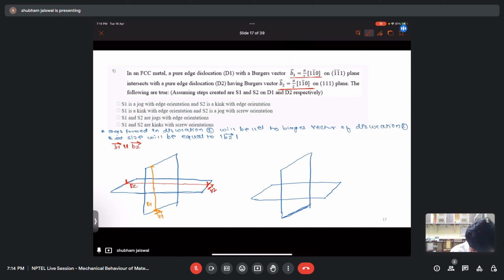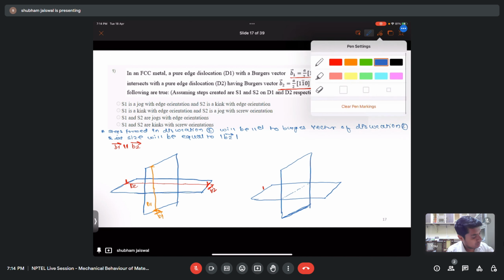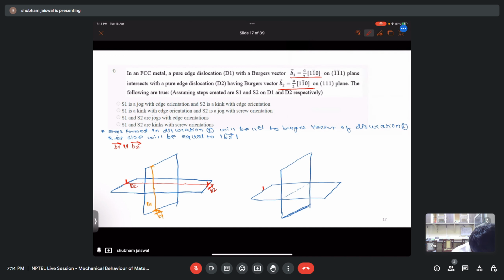So let's say this is my B1. So it created a step here in the slip glide plane.